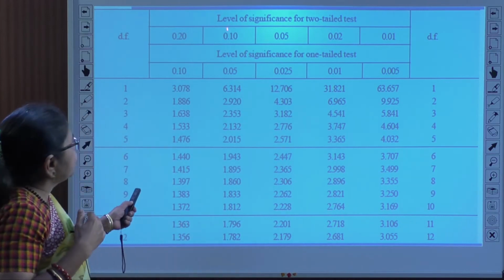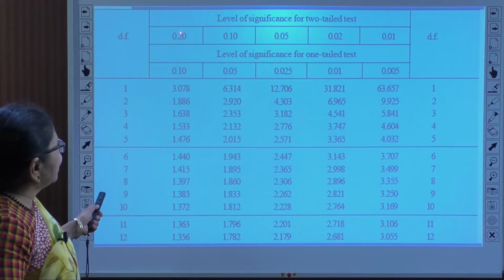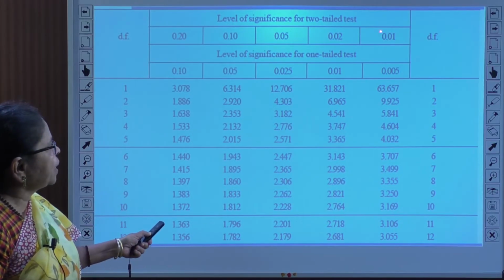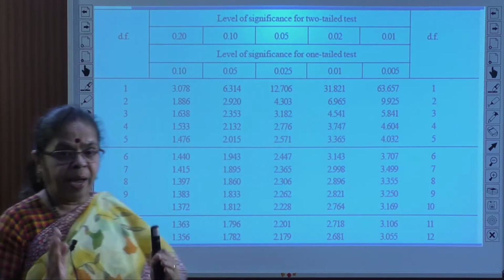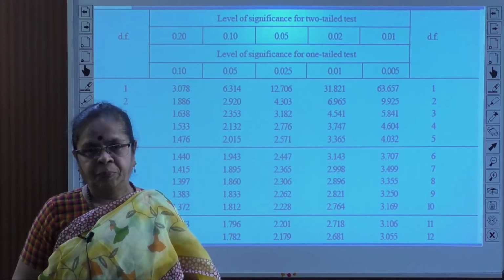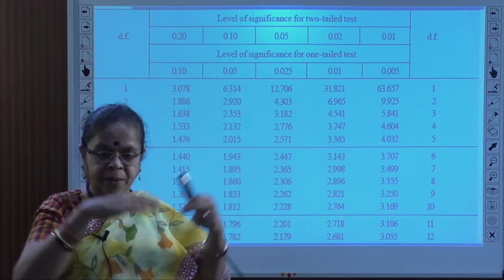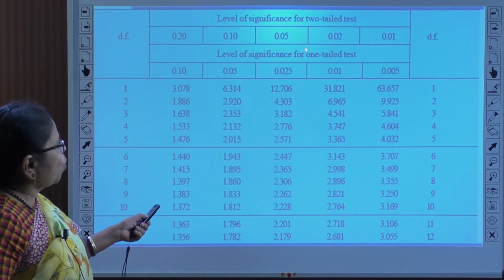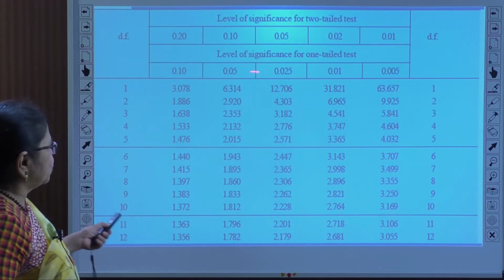So, this gives you the level of significance for the two-tailed test. So, this is 20%, 10%, 5%, 2% and 1%. So, 20% means very narrow, very precise, okay, and 1% means not precise, it will be flattened, something like that. Similarly, I have the level of significance for the one-tailed test. These are the significance values.